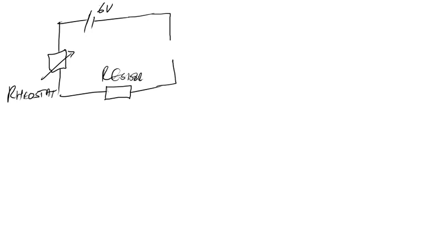Remember, here's what we're gonna do. They gave you the ammeter. Ammeter, you connect it in series with the circuit. And then the voltmeter, you connect it in parallel with the resistor, because you want to measure the voltage across the resistor.